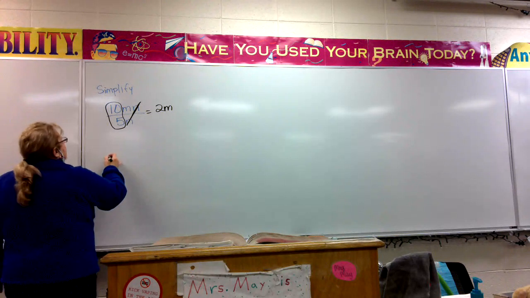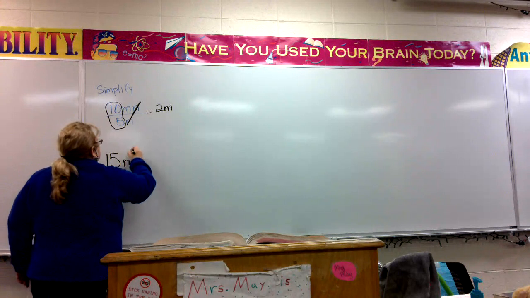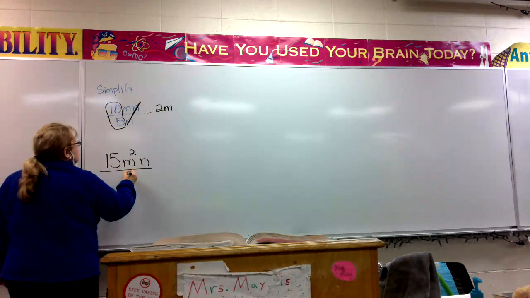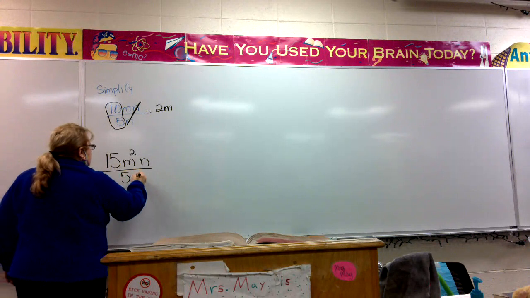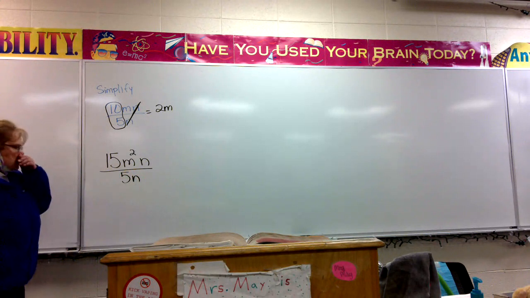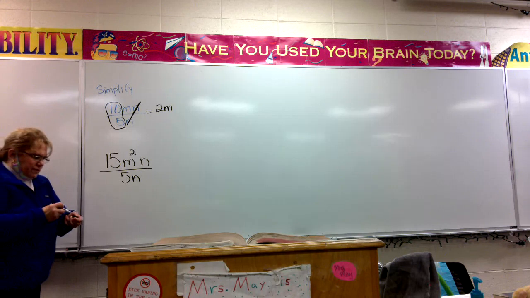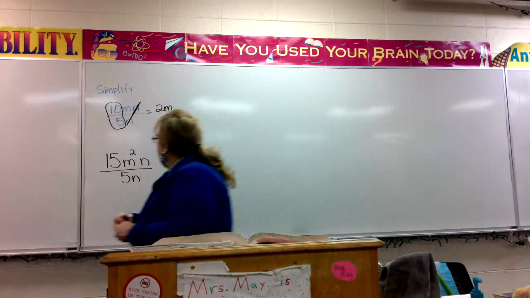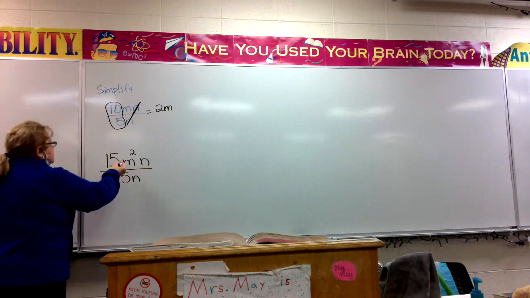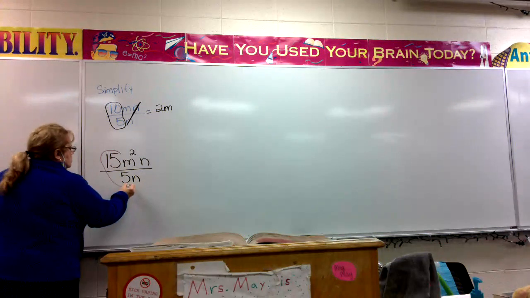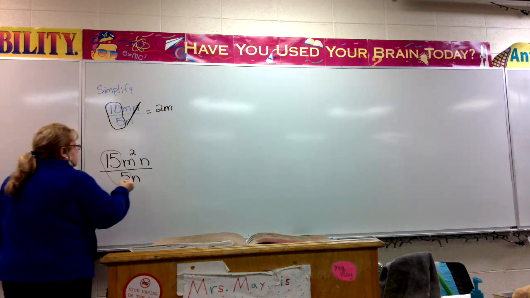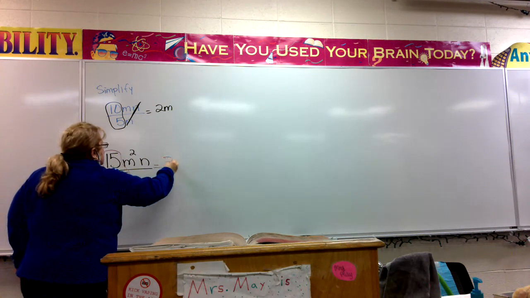What about if I asked you to do this? 3m squared n over 5n. What if I asked you to do that? Same thing, right? Hunter says 3.